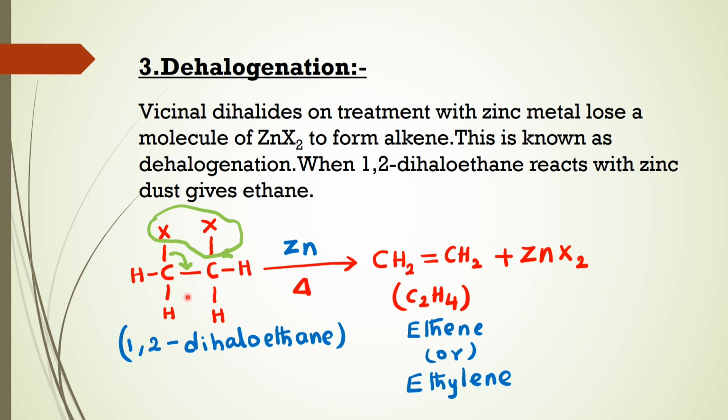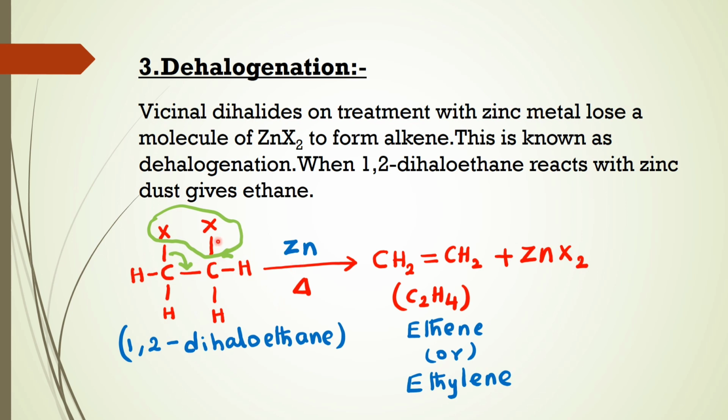So here CH2X-CH2X, vicinal dihalides. Vicinal dihalides are the halides which contain two halogens on adjacent carbons, side by side carbons. So here we take 1,2-dihaloethane.